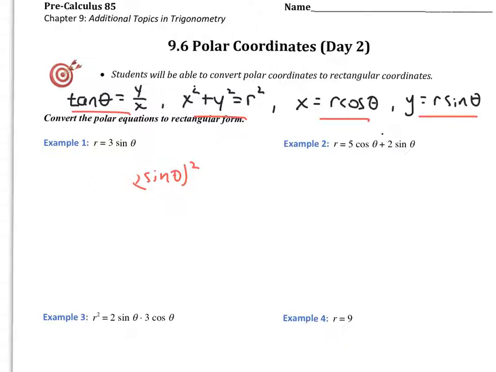Jackie, you could plug in for the y equals r sine theta, or the x equals r cosine theta. You could plug in 3 sine theta for r, and then you get x equals r, 3 sine theta cosine theta. Okay, so you want to plug the r in where? Next to the cosine theta or the sine theta.